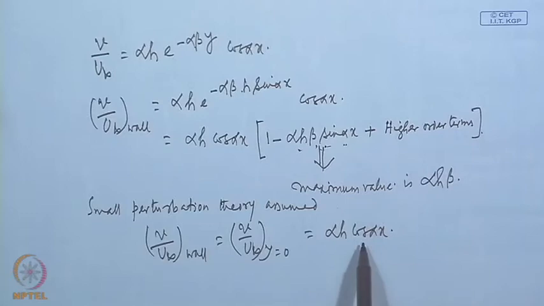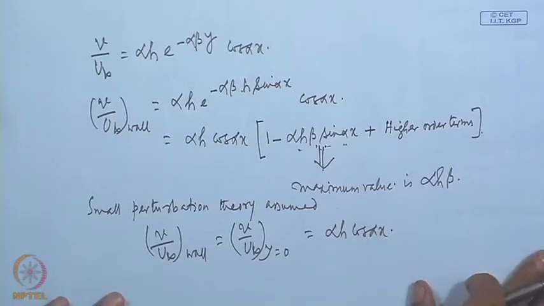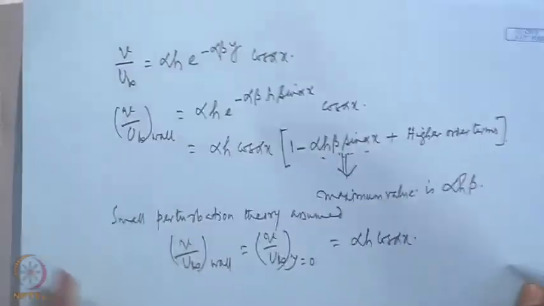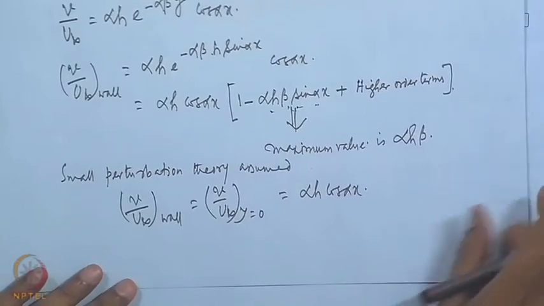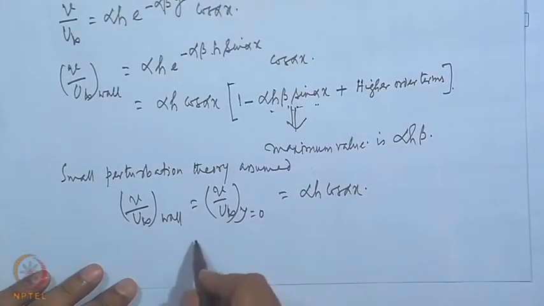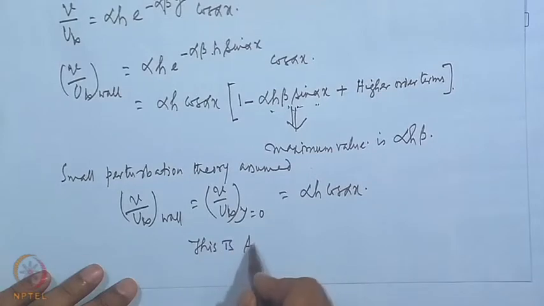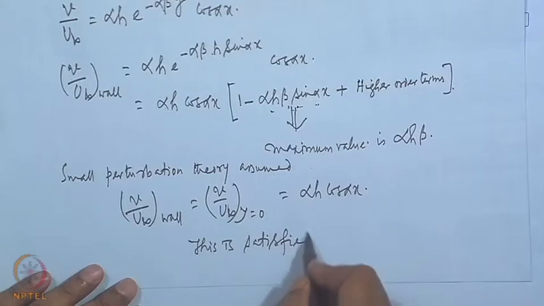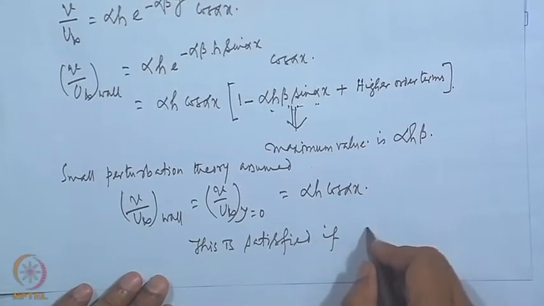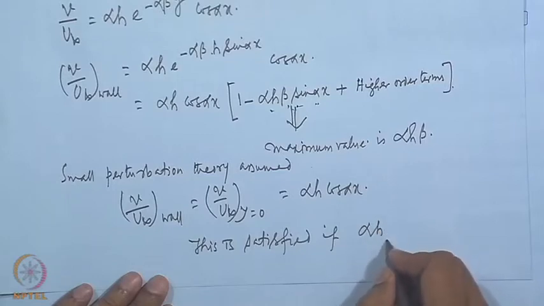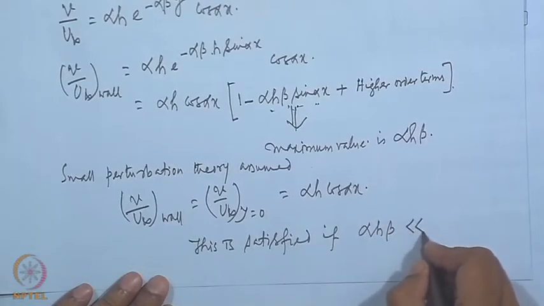Now, this is satisfied if alpha h beta is much less than 1.